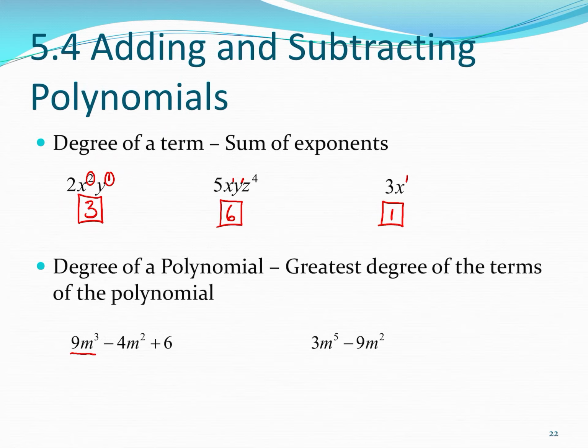When you look at the degree of a polynomial, it is the highest degree of each term. When you look at each term, whichever one has the highest degree, that is the degree of the polynomial. For example, in this first trinomial, in the first term, 9m cubed, the degree is 3. For the next term, the degree is 2.